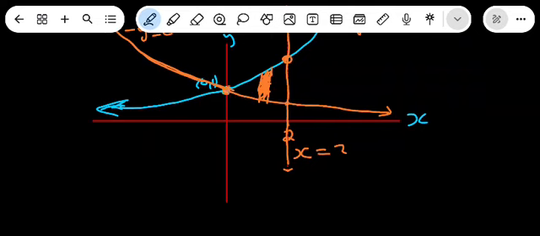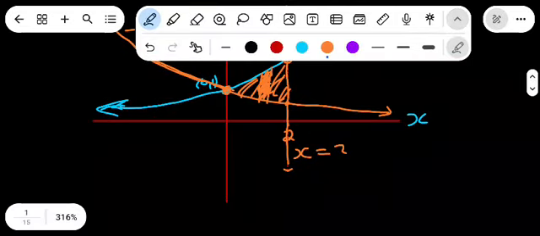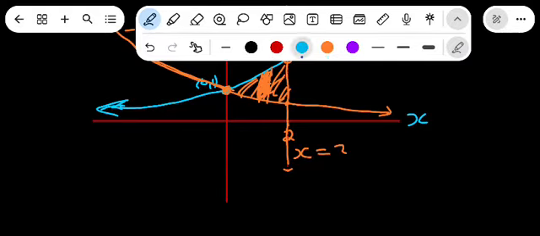We want this area, represented by the strip, which is a rectangle part.